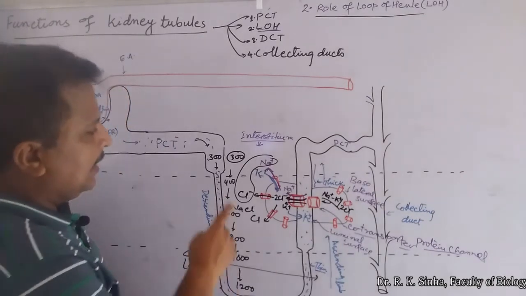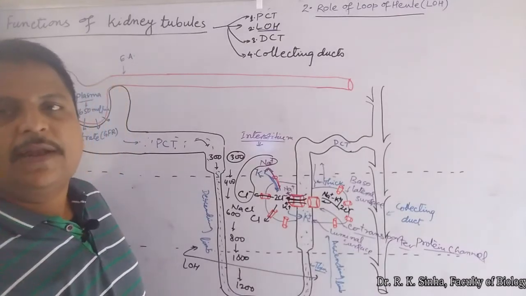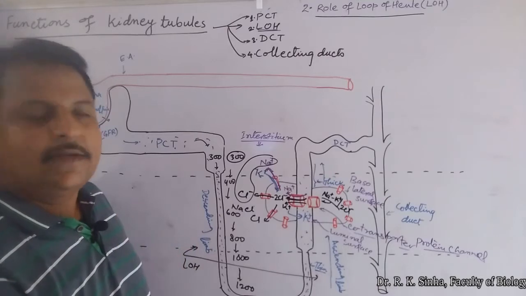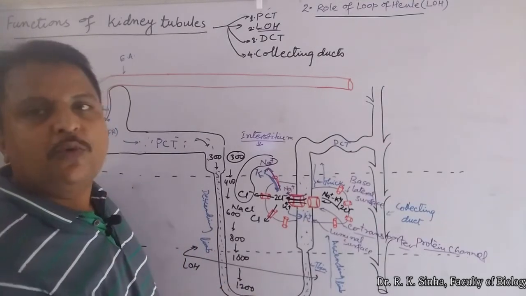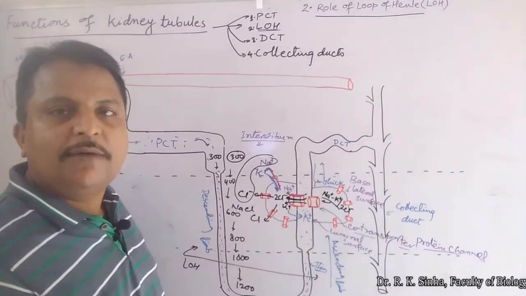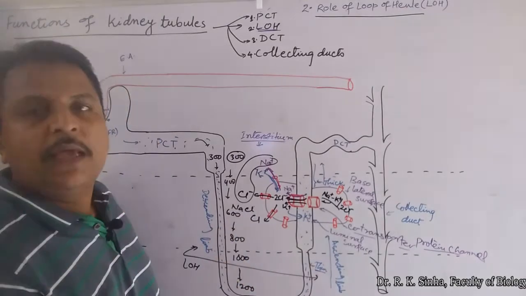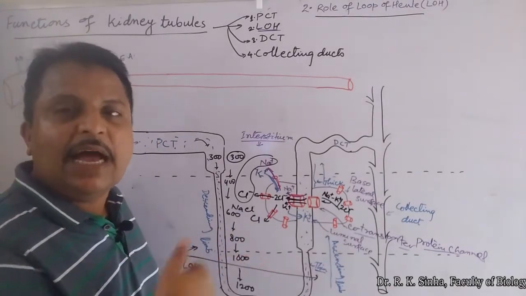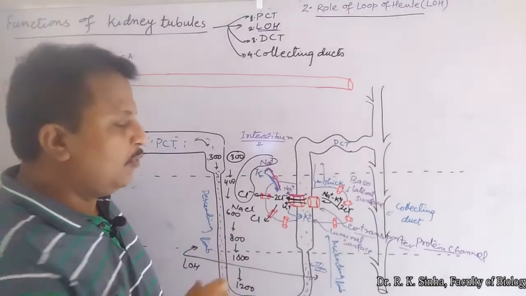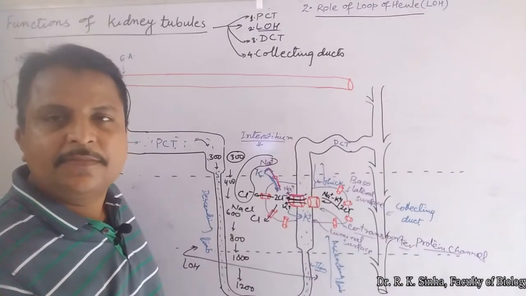So the role of this loop of Henle is to generate a hyperosmolar condition in the inner medullary interstitial region, which means here there is hyperosmolarity. This is the role of the loop of Henle. Once hyperosmolarity is generated, it is maintained in the same condition so that the urine might be passed out in concentrated amount.